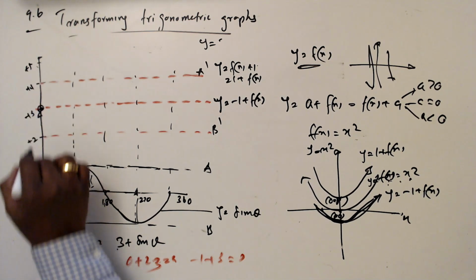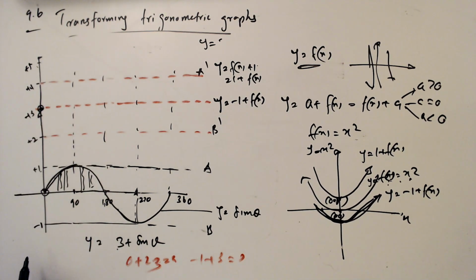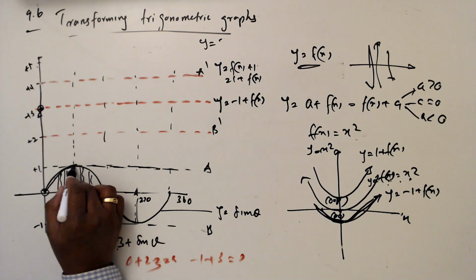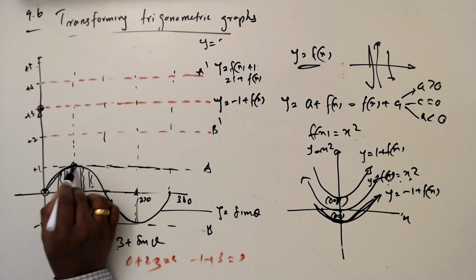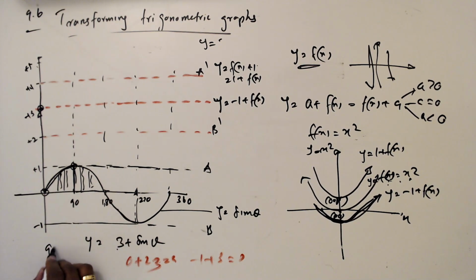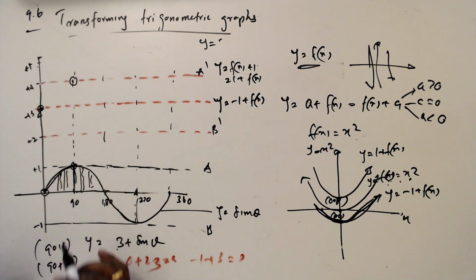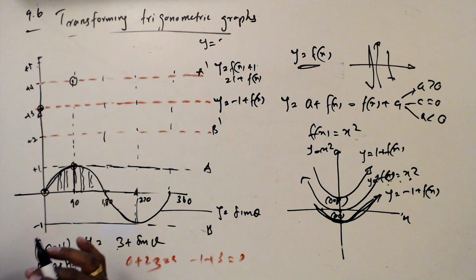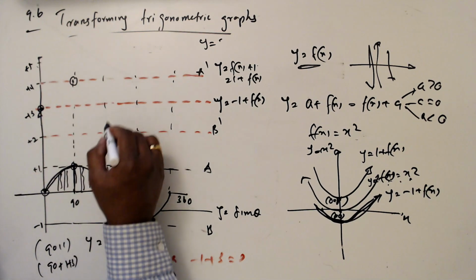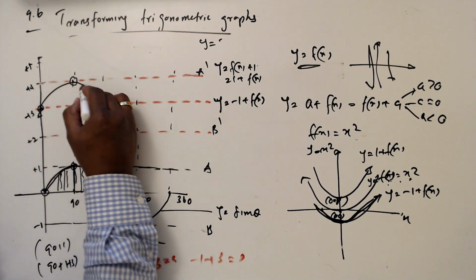Now how about this one? This is 1, so the coordinate is 90, 1. Now 1 plus 3 is 4, so it is here. Basically, you are shifting the y value up by 3 units. So the graph is then going to be like this.